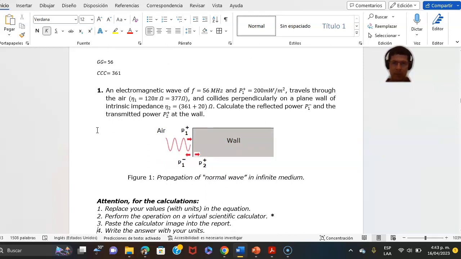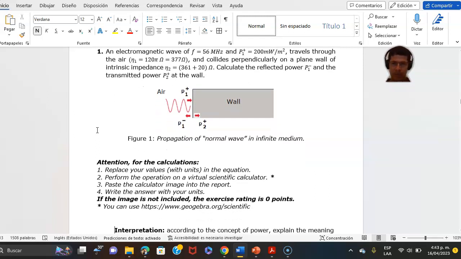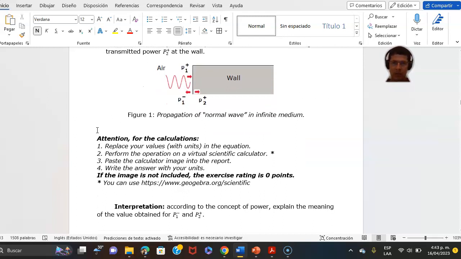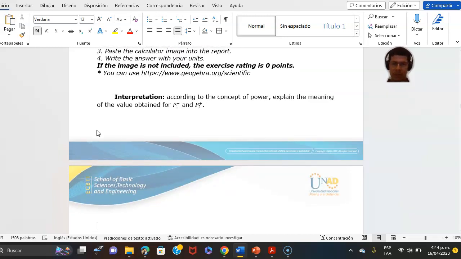Figure 1, propagation of a normal wave in an infinite medium. Attention: for the calculation, replace your values with units in the equation, perform the operation on a virtual scientific calculator, paste the calculator's image in the report, and write the answers with their units.